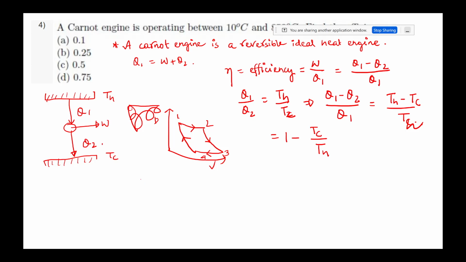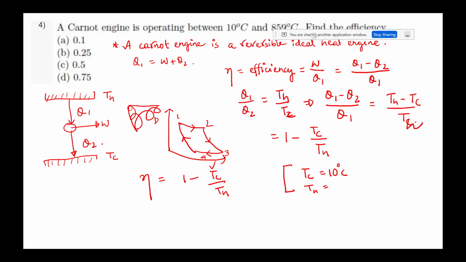So efficiency eta is 1 minus TC by TH. And what is TC? TC is 10 degrees centigrade, and TH, how much is TH? 859 degrees centigrade.